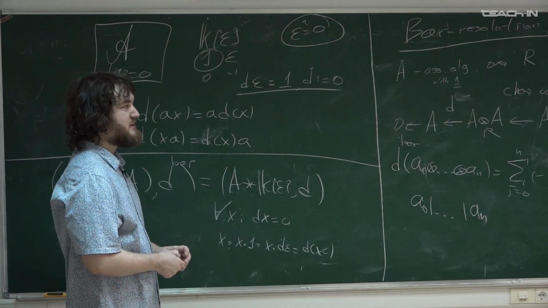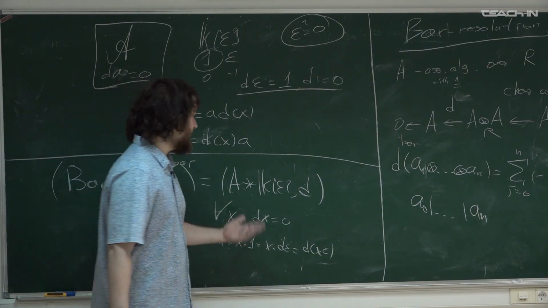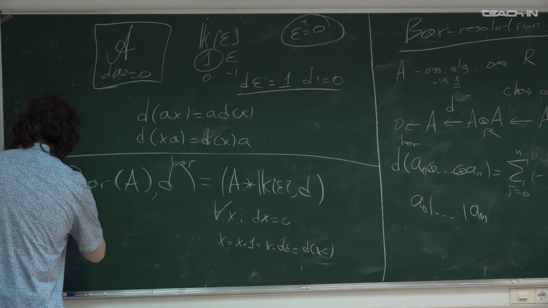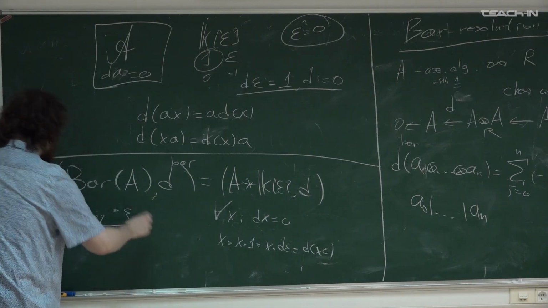Of course, it's contractible. That proves it's acyclic, but in fact this is a homotopy: multiplication by epsilon, from the right or from the left.